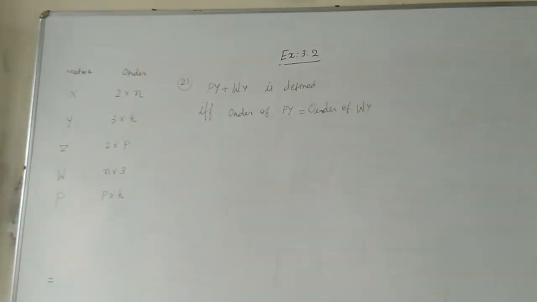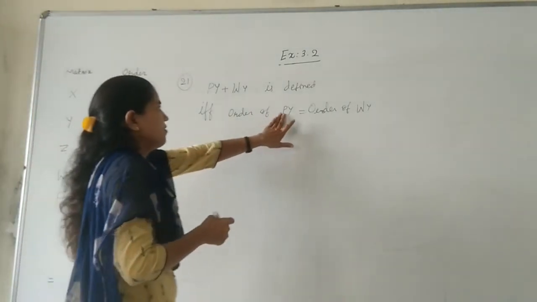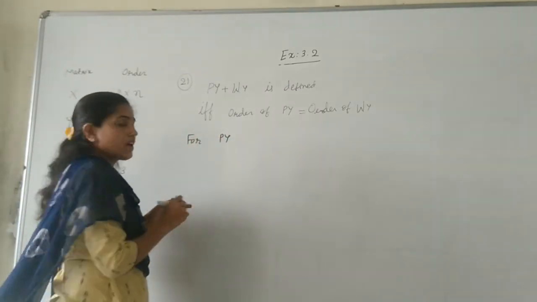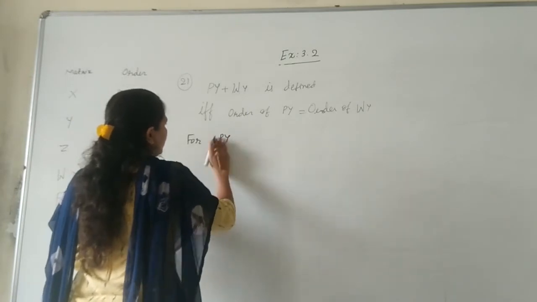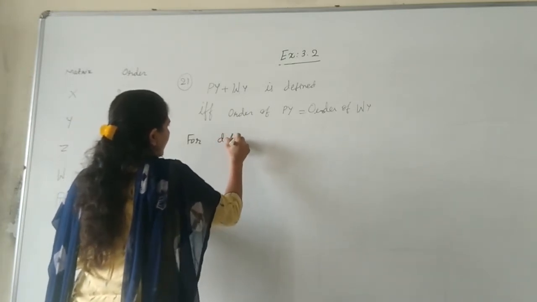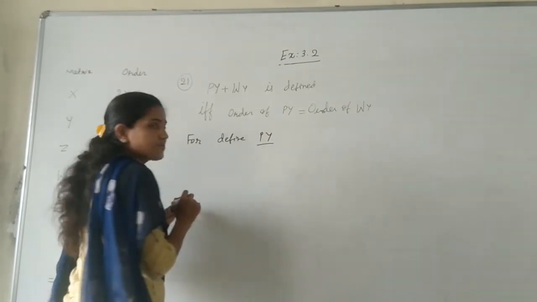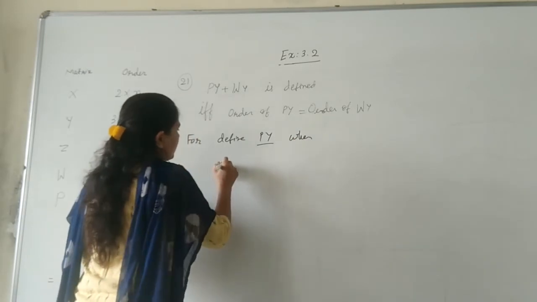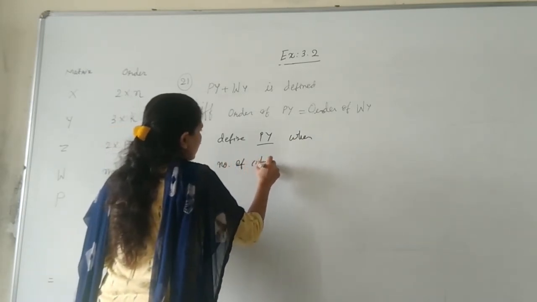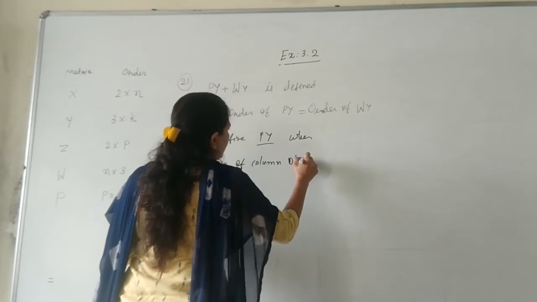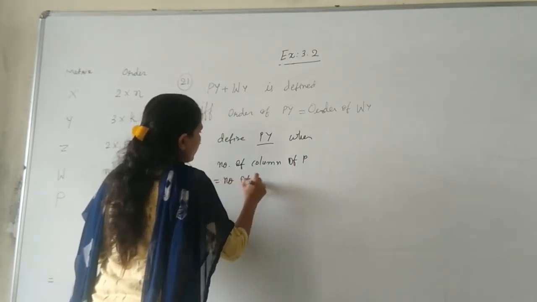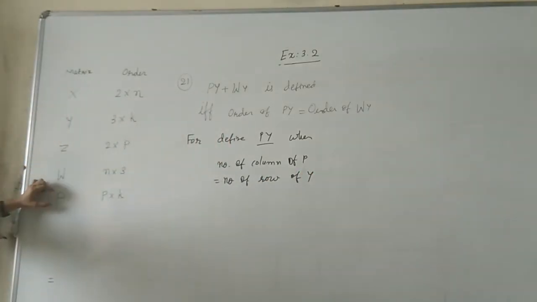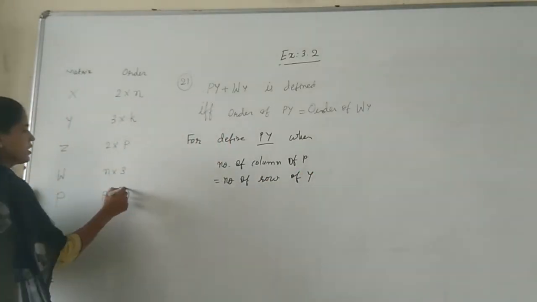Now the second thing is that PY has to be defined. When will PY be defined? This matrix multiplication is defined when the number of columns of P is the same as the number of rows of Y. You can see here, students, the number of columns of P is k.